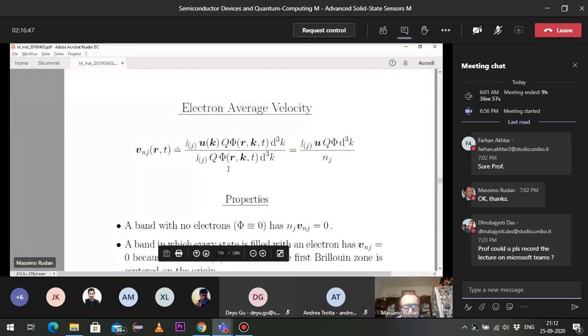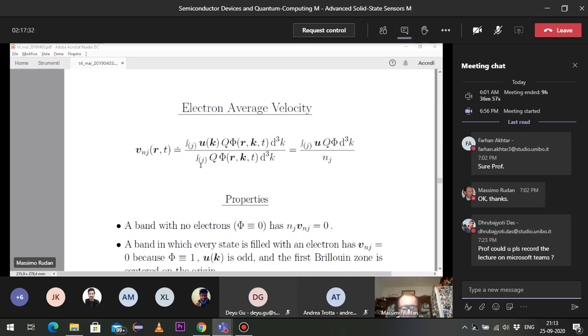So we take the combined density of states in the R and K space, Q. This Q, you remember, is 1 divided by 4 pi to the third power. This is a general non-equilibrium condition. So phi is the general probability of occupancy of a state K at position R at time t in the crystal.